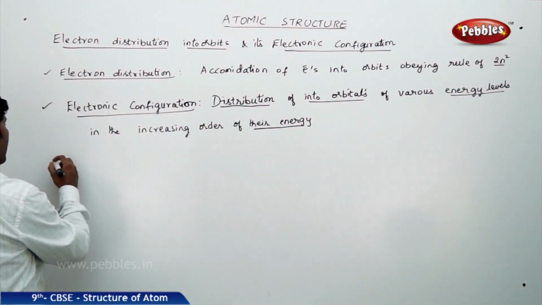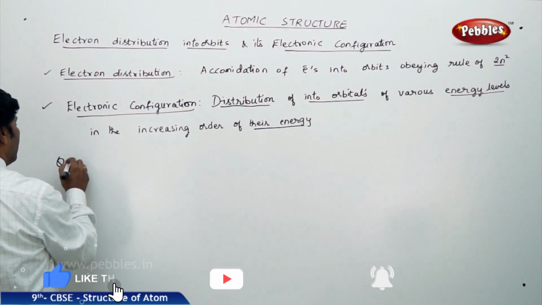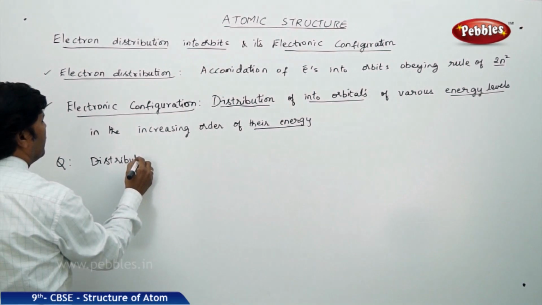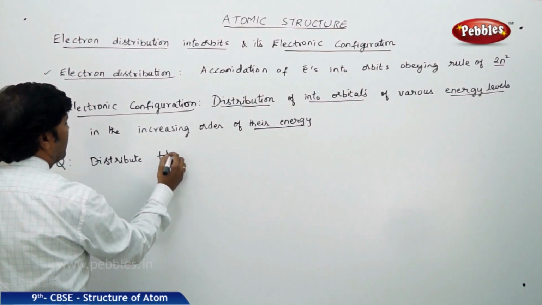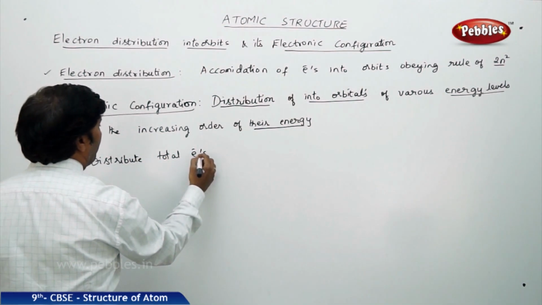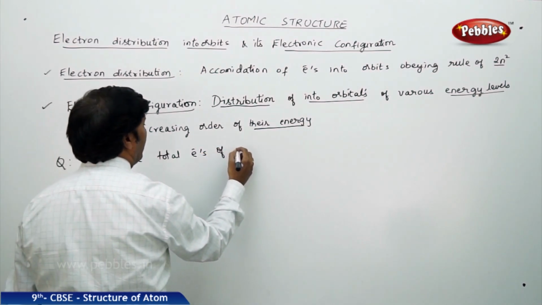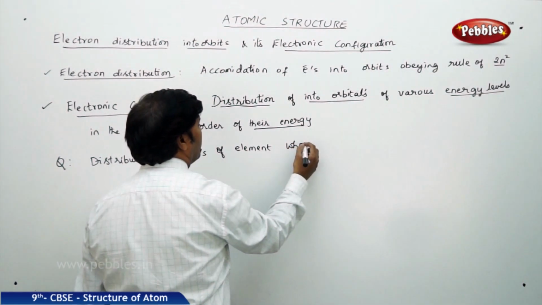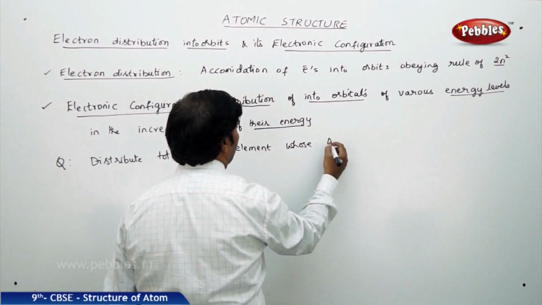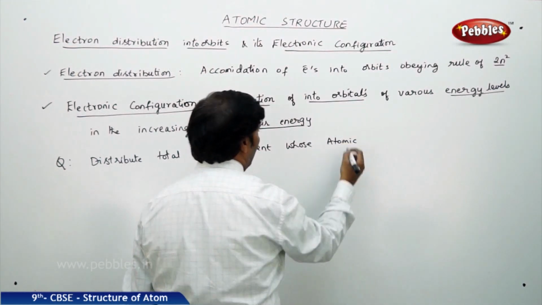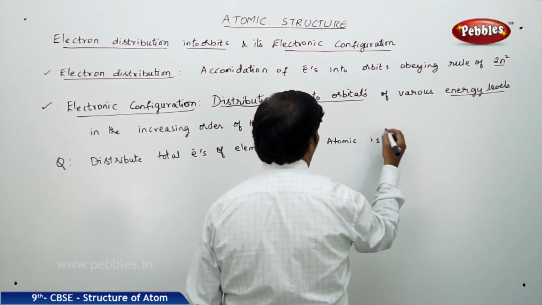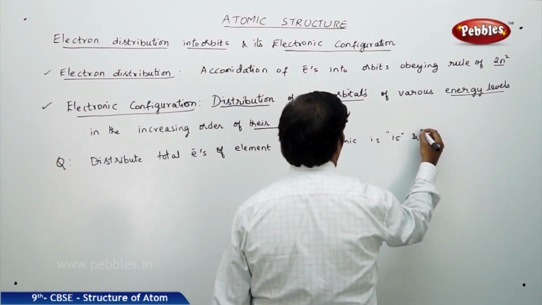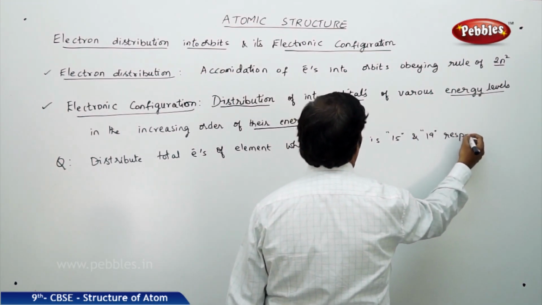So for example, I am going to put a question like this: distribute the total electrons of elements whose atomic numbers are 15 and 19 respectively.